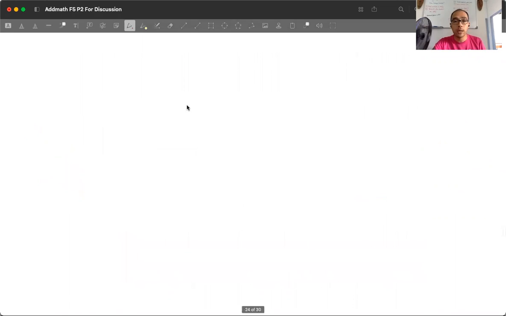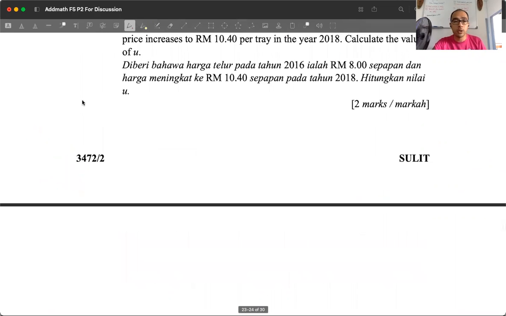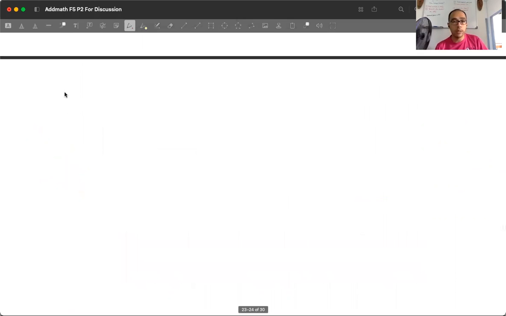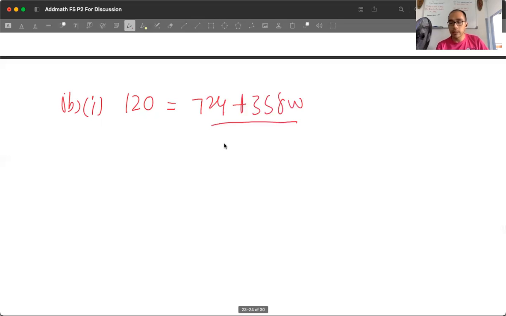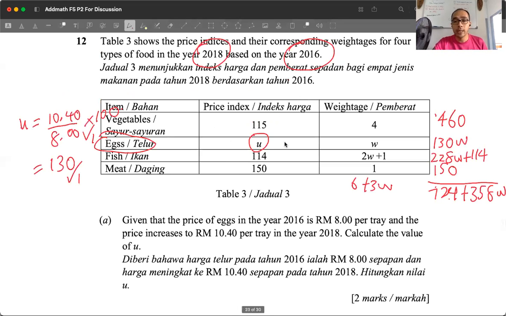Okay, so I'm going to write this here. So B1, so 120 equals 724 plus 358W over 6 plus 3W.